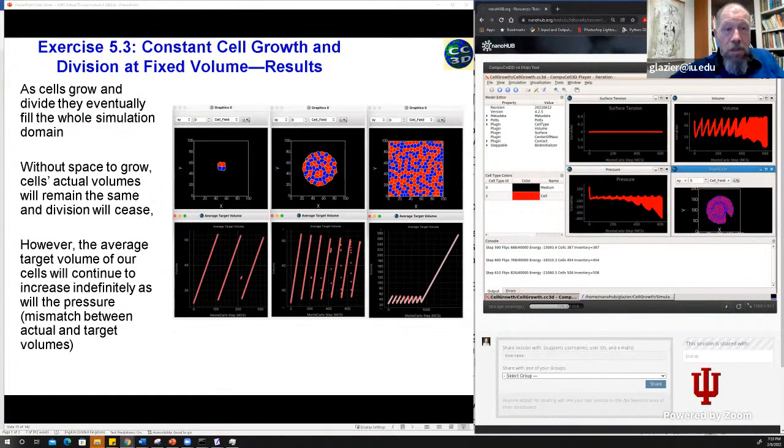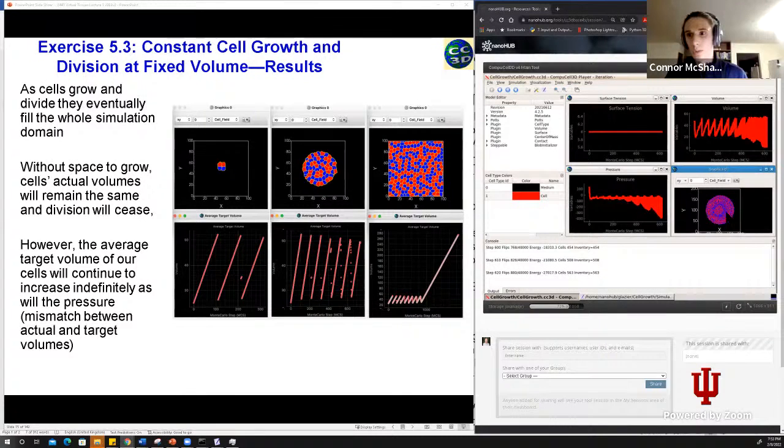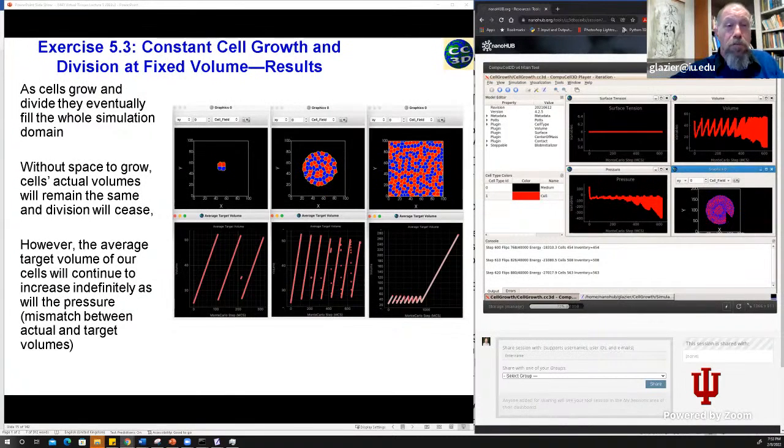So can anybody tell me what happens when the cells run into the wall? We have periodic boundaries on, right? In this case? Right. So they run into each other, run out of room. What happens when we run out of room?